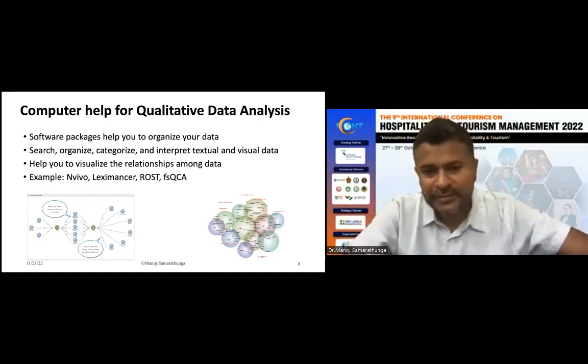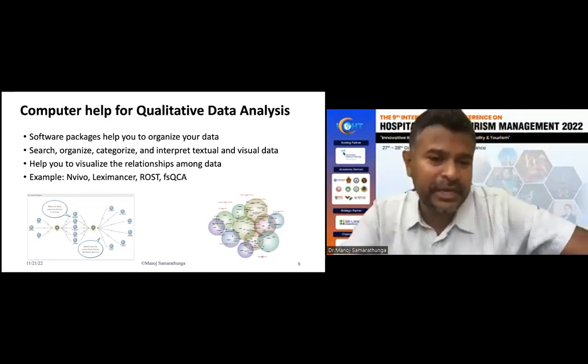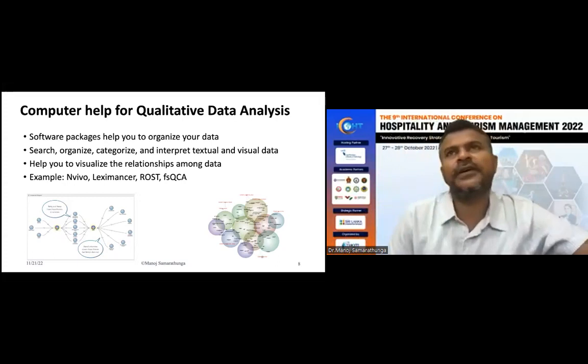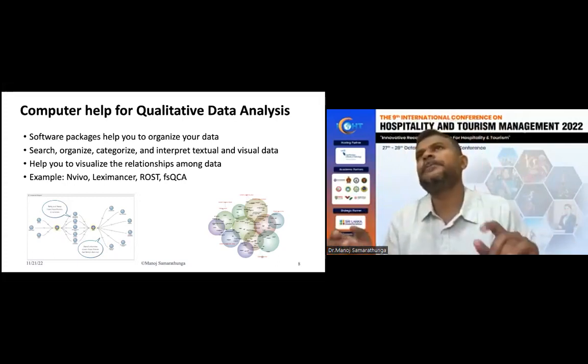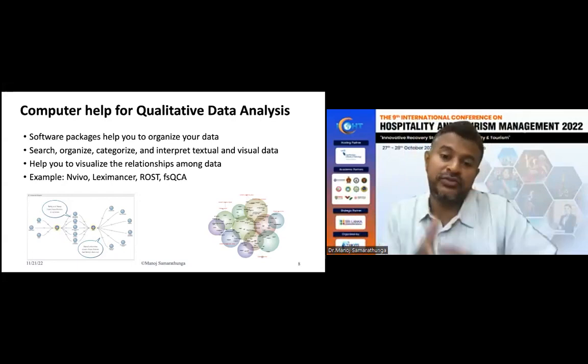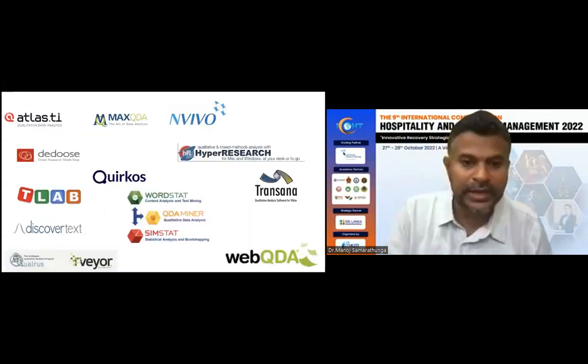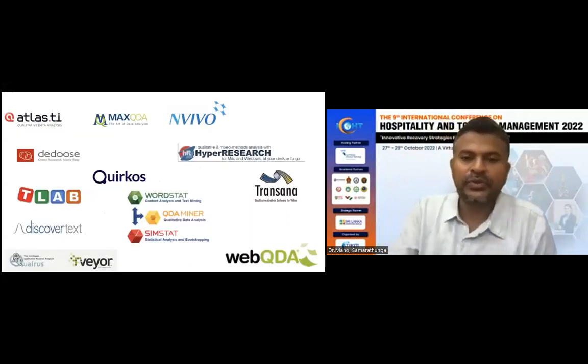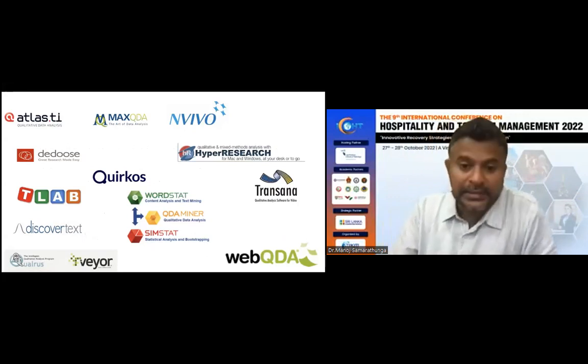It's a cool software, but yet I prefer NVivo, and Lecturements is a web-based software. We also have ROST, we have FSQCA, which is a kind of software that stands in between comparative analysis.